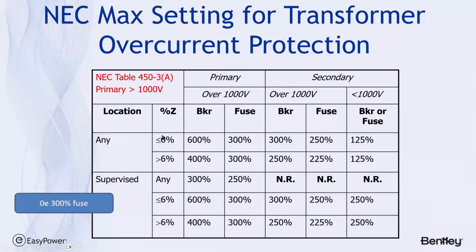And then for 6% and less, with breaker protection on the primary, we're allowed to go to a maximum of 600% of the full load current. With fuse protection, the recommendation is to go only to 300% or 3 times the full load current on the primary. On the secondary side, over 1,000 volts, we're allowed or suggested to go to 300% with a breaker and 250% on a fuse.